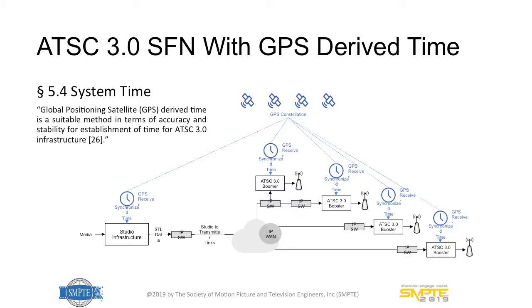It gives us a distribution of time over a large area for a relatively cheap price. And that's wonderful because it allows us to compensate for the delays through the network, and we can then make the transmitters actually work on the same frequency in a coherent way because they're really timed and they have the same symbols at the same time.